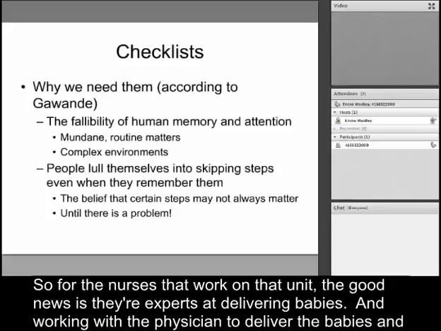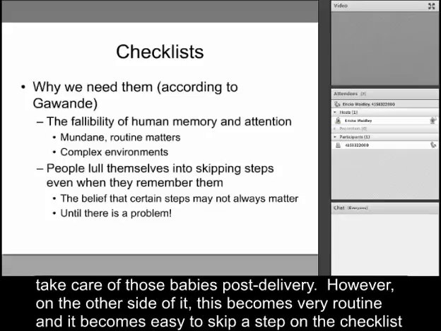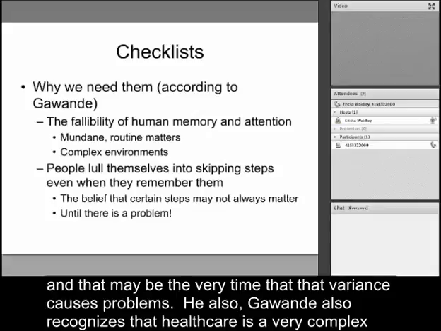So for the nurses that work on that unit, the good news is they're experts at delivering babies and working with the physician to deliver the babies and take care of those babies post-delivery. However, on the other side of it, this becomes very routine, and it becomes easy to skip a step on the checklist. And that may be the very time that that variance causes problems.